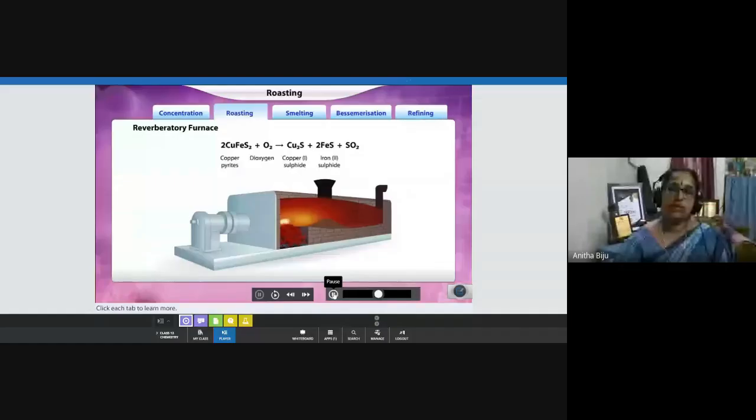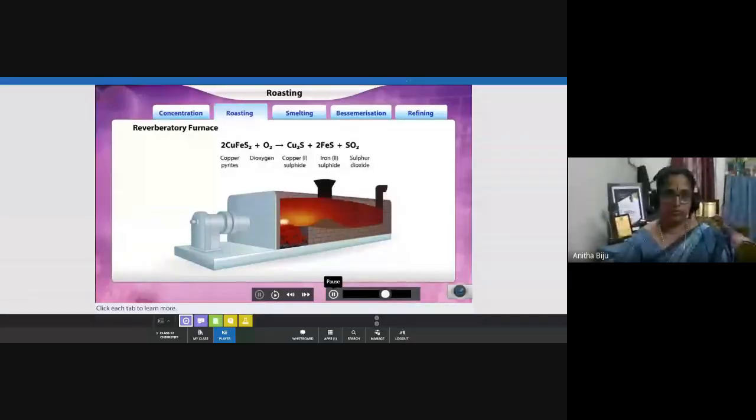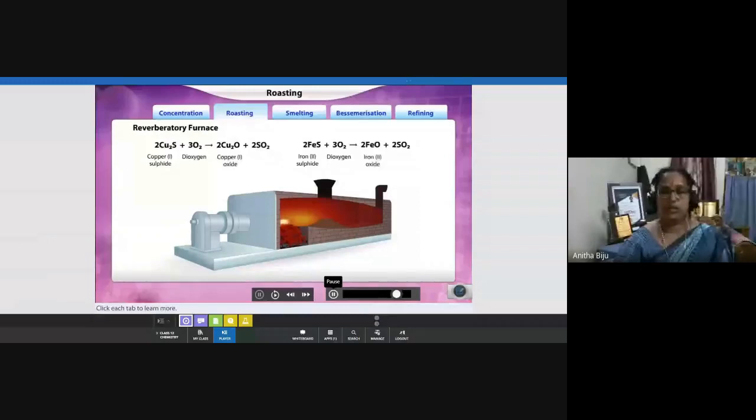Large amounts of sulfur, which are present as an impurity, also get oxidized to form sulfur dioxide. Copper 1 sulfide and iron 2 sulfide get further partially oxidized to form copper 1 oxide and iron 2 oxide. Whenever an equation is coming on the screen, try to write it down, okay?